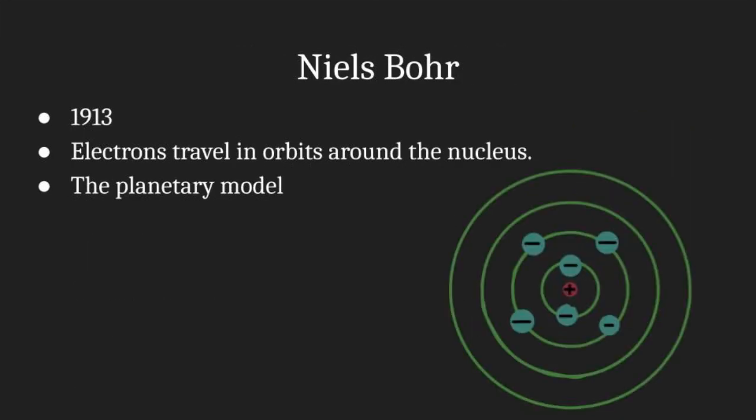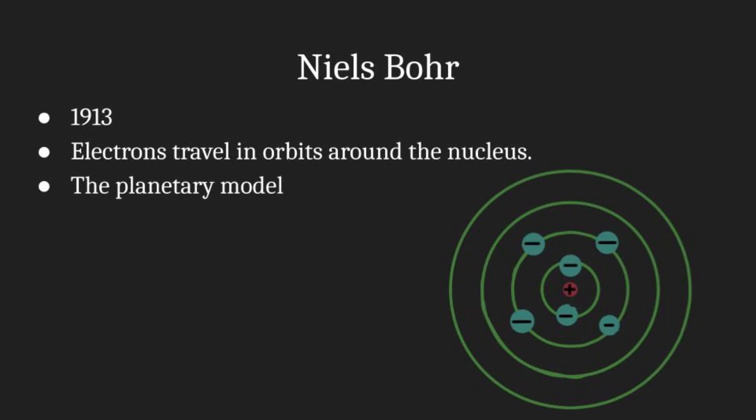Shortly thereafter, in 1913, Niels Bohr created a new model of the atom called the planetary model. There was still that small, dense, positively charged nucleus, but Bohr concluded that electrons travel in orbits around the nucleus, represented by those green circles, and he called his model the planetary model.